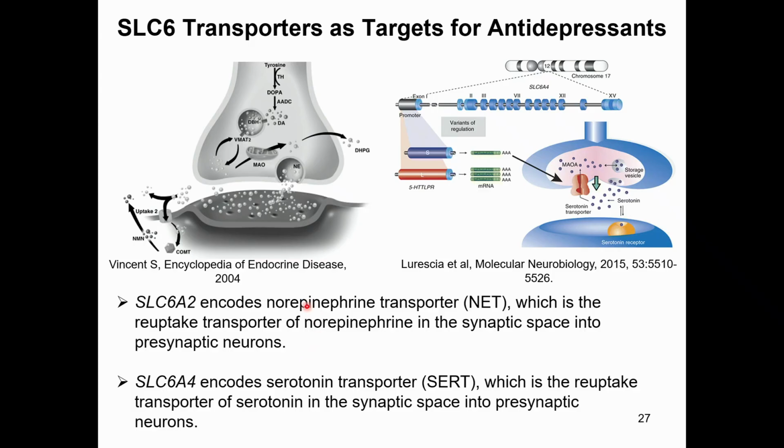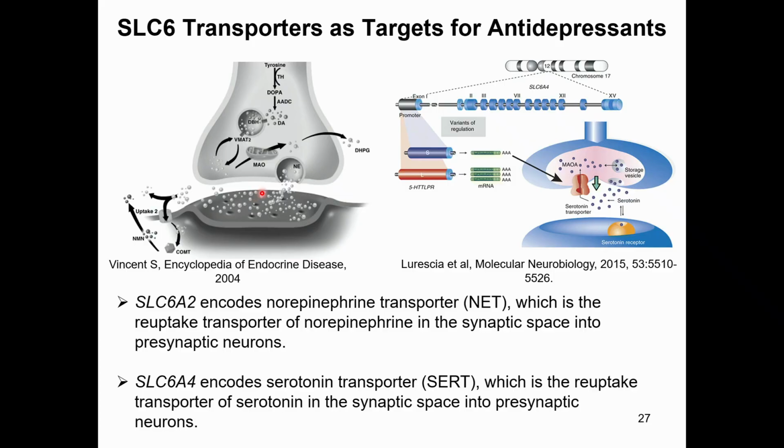But basically the idea is, if you look at the steady state levels of a neurotransmitter in a synapse, that is controlled partially by release of the neurotransmitter into the synapse, but it's also controlled by reuptake into the neurons themselves.